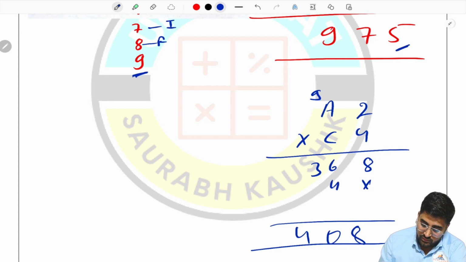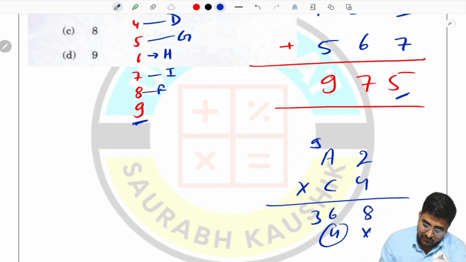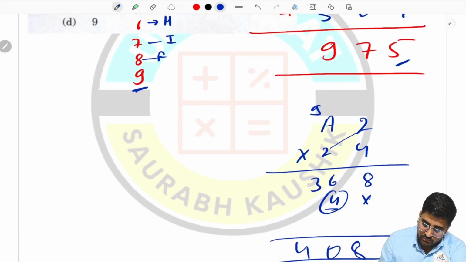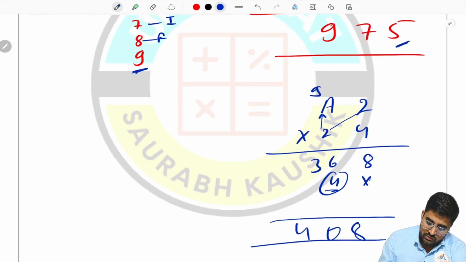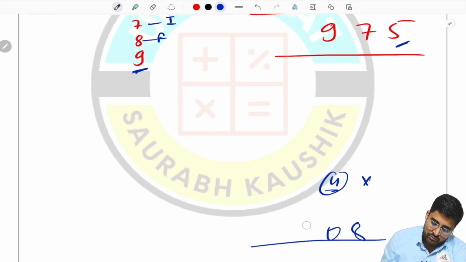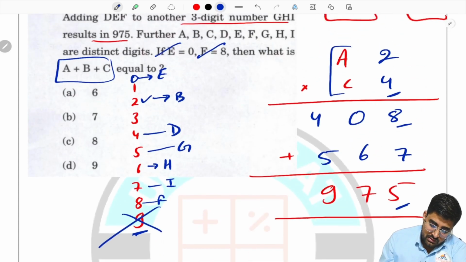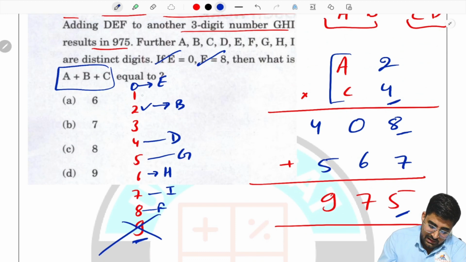Sorry, 4. Only one thing is possible: if we put 2 here, it gives me a 4, but at this point it becomes 18, so the whole idea gets crashed. So 9 is not possible, and the value of A and C is this only.